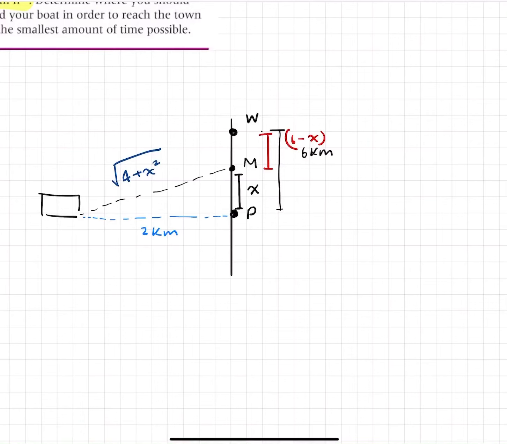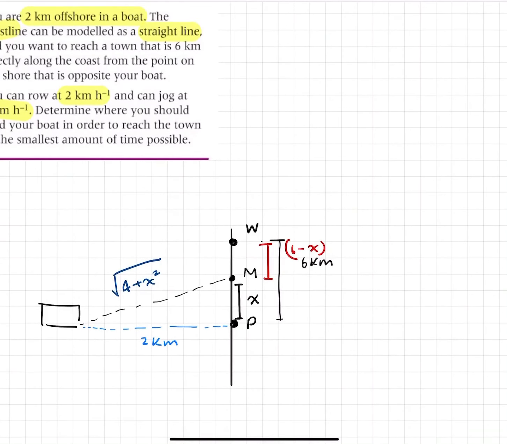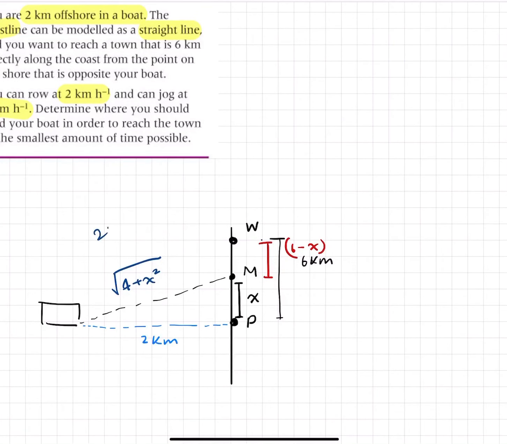And so this tells us a couple of things. If we're traveling on this hypotenuse, we're rowing our boat, and we're rowing at a speed of 2 kilometers per hour. These quantities are in km. And if we make it here, then the rest is going to have to be by running, and the rate for that is 5 kilometers per hour.